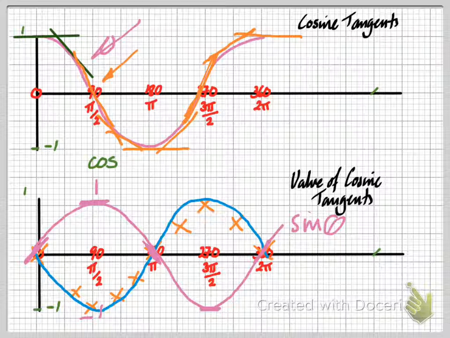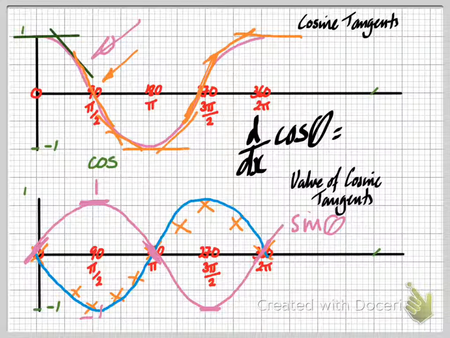And that is why, if I differentiate cos theta, I get minus sine theta.